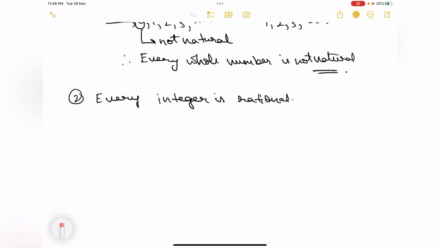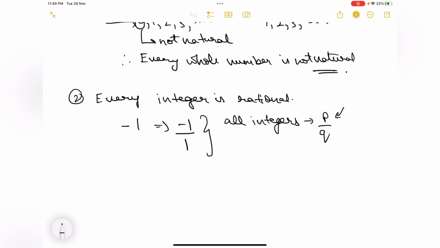Because every integer, for example -1, we've already seen you can represent it as -1 by 1. Similarly, all integers can be represented in the form p by q, where p can be the integer itself and q can be 1, right? So they are all rational numbers.